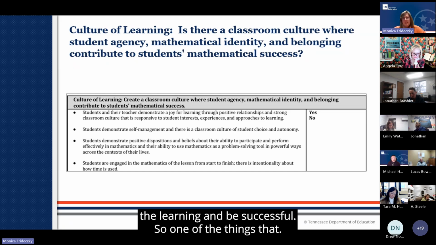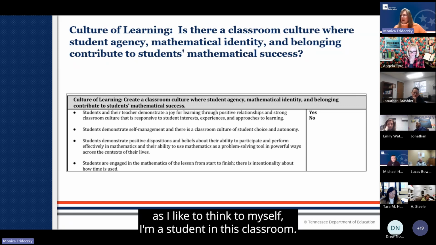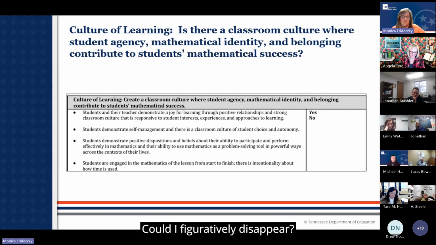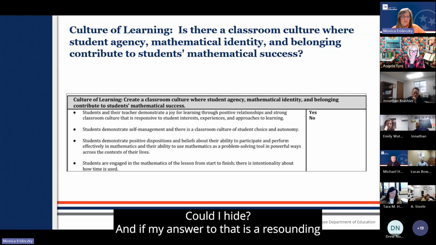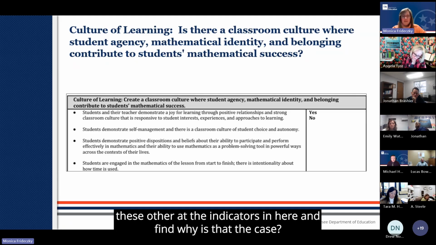One of the things I like to do whenever I'm walking to look for culture of learning is to think to myself, I'm a student in this classroom. Could I figuratively disappear? Could I hide? And if my answer to that is a resounding yes, then I know I need to look closely at the indicators here and find why that is the case.